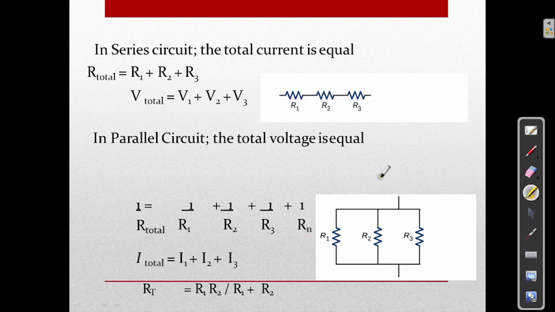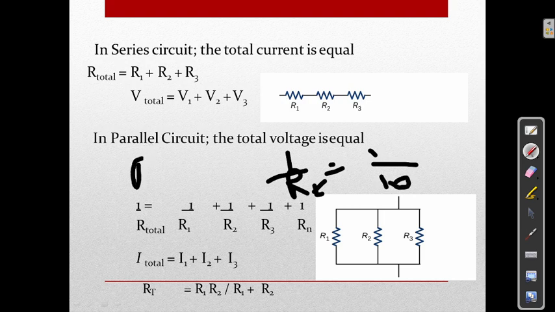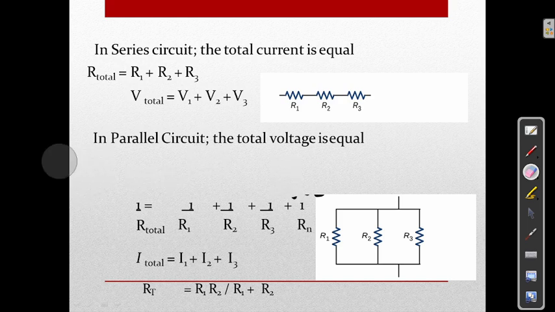So finally we will get the value of 1 by R total. If 1 by R total is 1 by 10, then the total resistance will be 10 by 1, which is 10. Likewise we will find out the total resistance of the circuit.